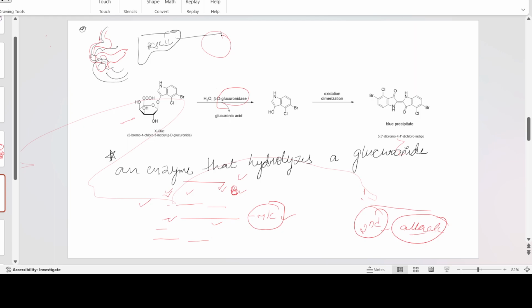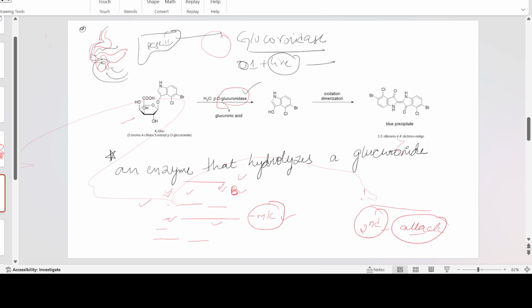In this, we have an enzyme known as glucuronidase. Whenever you take the drug, it undergoes phase 1, then it goes into the liver. In the liver, you have an enzyme known as glucuronidase, and it acts on this drug.